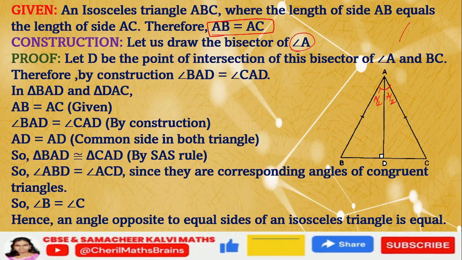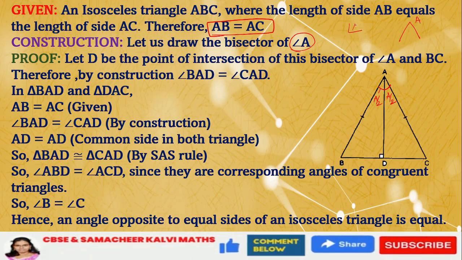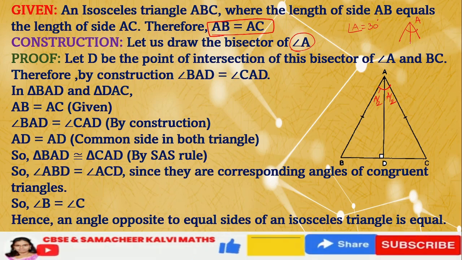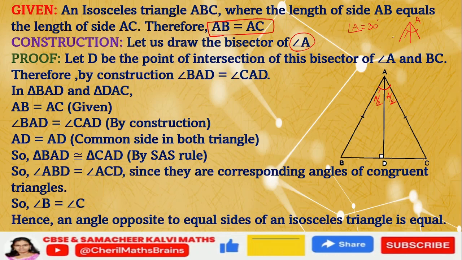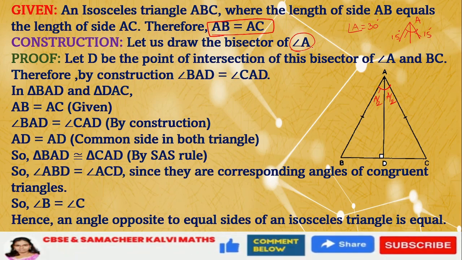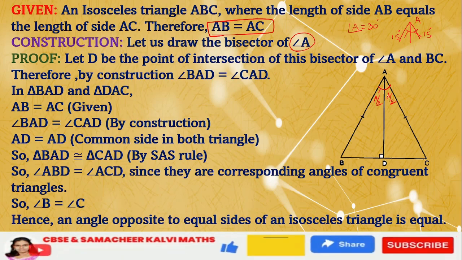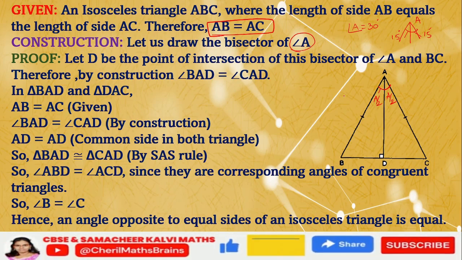For example, if angle A is 30 degrees, then the angle bisector will divide it equally into 15 degrees and 15 degrees. Totally we get 30 degrees. So this is an angle bisector, and we are drawing it.